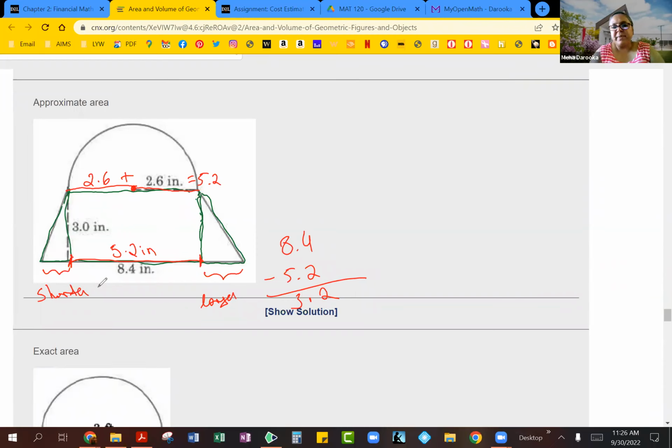So we wouldn't really, because there's no other information being shared with us. We don't know what this measurement is, because you know that you can always fall back on the Pythagorean theorem, right? If you know 2 sides, you can always find the third one using the Pythagorean theorem. But other than knowing that this side is 3 inches, which we would imagine if the center is a rectangle, this guy would also be 3 inches, you still have 2 sides missing on both triangles, right? So we wouldn't really be able to guess what the measurement is going to be.